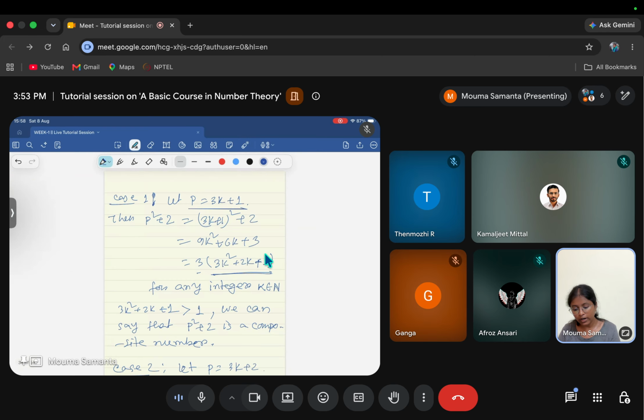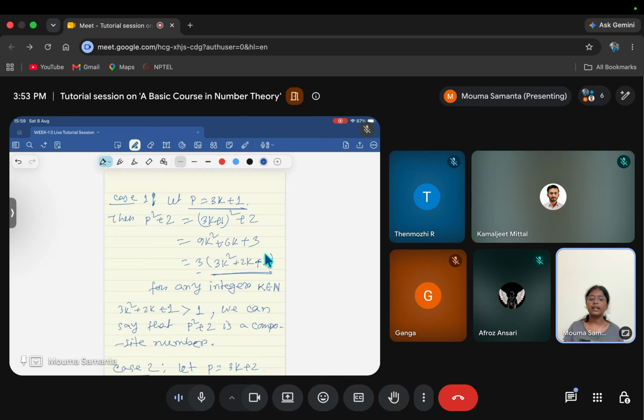So what we have done here, since p was a prime greater than or equal to 5, we have taken the form of p as an element of the residue classes of 3.